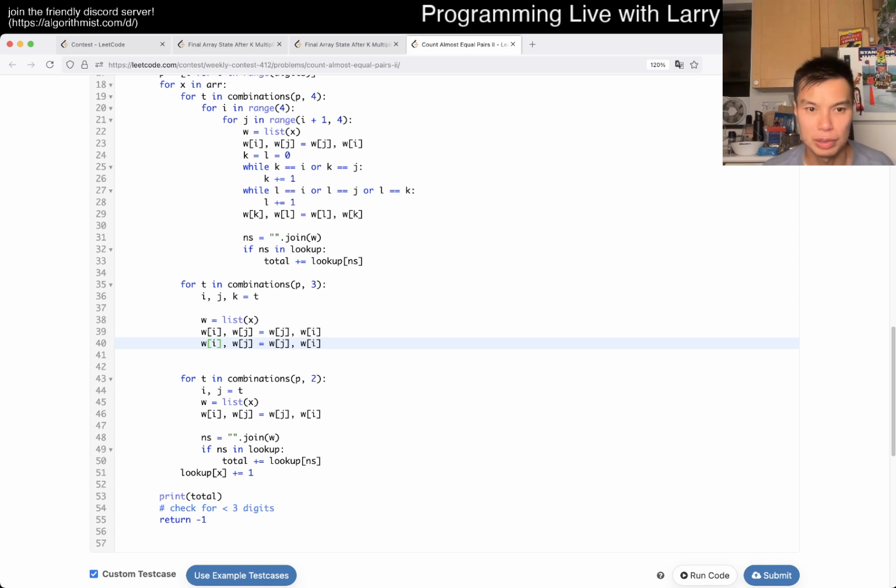Then that just becomes 2, right? So we need IJ. So okay, so we have 1, 2, 3. We 1, 3, 1, 2. Then we do. Right? Is this right? I'm so worried about double counting.